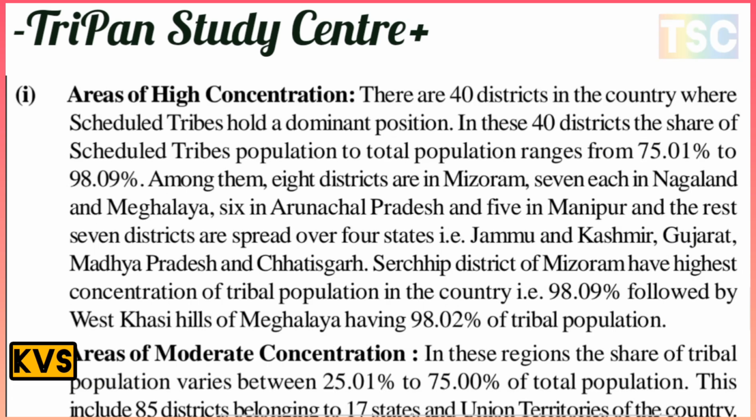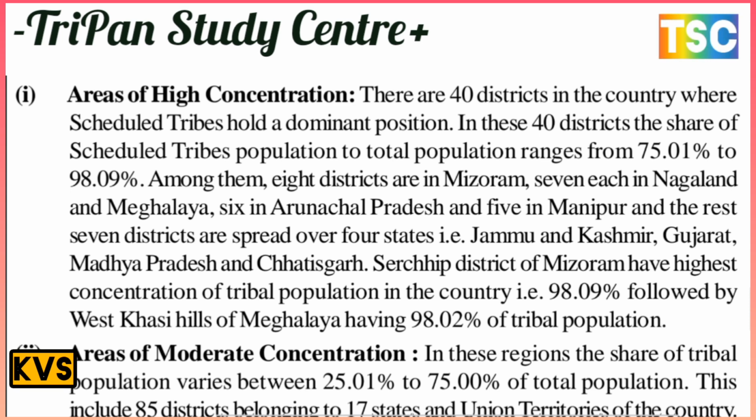The first point that I have here, area of high concentration. What do we mean by the area of high concentration? There are 40 districts in the country where scheduled tribes hold or dominate a position. In these 40 districts, the share of scheduled tribes population to total population ranges from 75.01% to 98.09%.